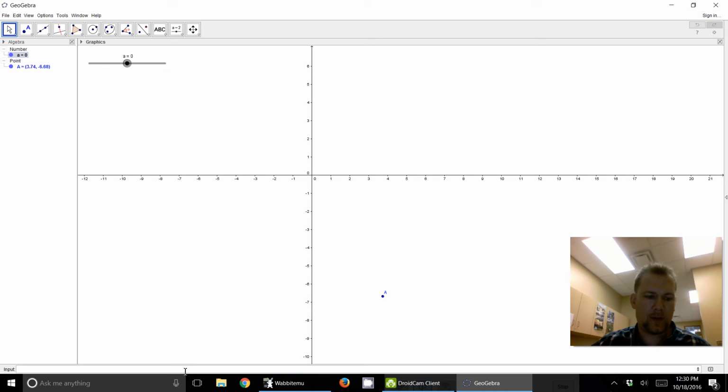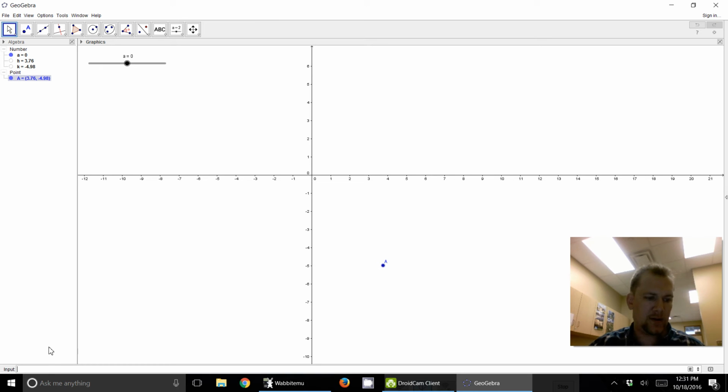So now what we can do is define H. So H equals, see I'm down there in the input box. I'm going to say H is the x coordinate of the point A. Right, so it just created a number H equals 3, and K is the y coordinate of the point A. Okay, so now you see as you move it around it does that.